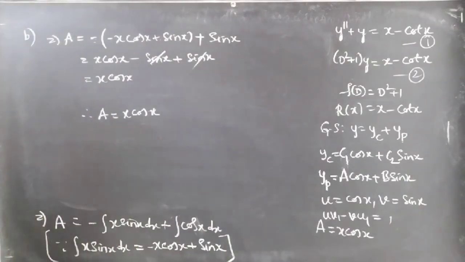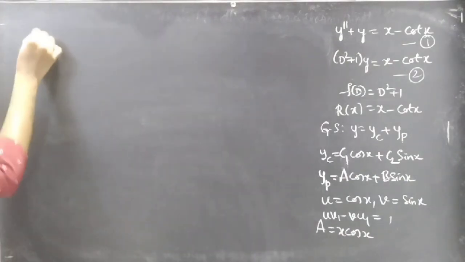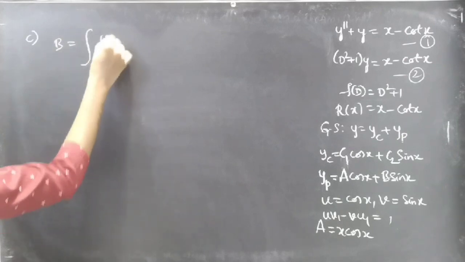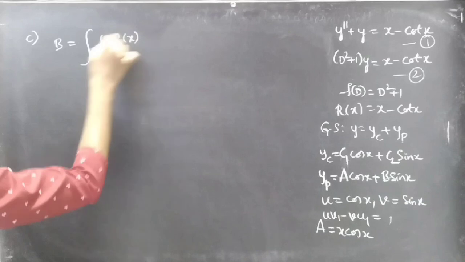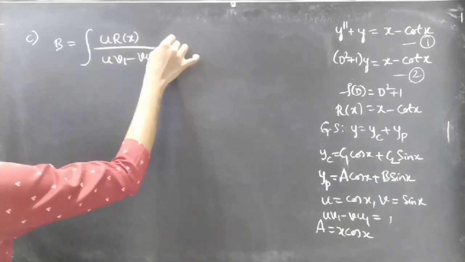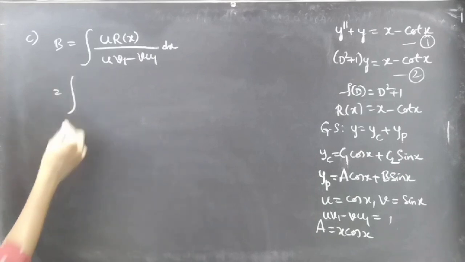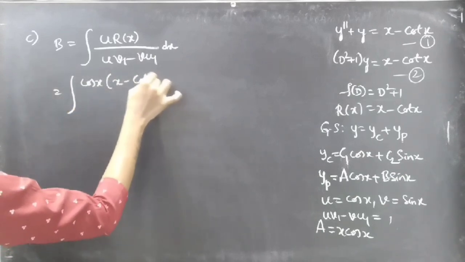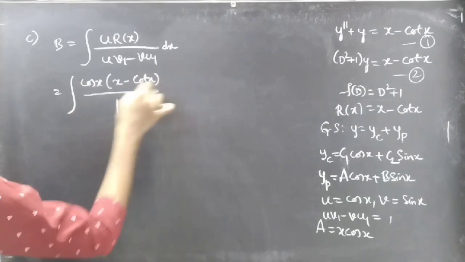Let's now find B. B is given by the integral of u into r of x by uv1 minus vu1. This equals the integral of u, which is cos x, into r of x, which is x minus cot x by uv1 minus vu1, which is 1, into dx.